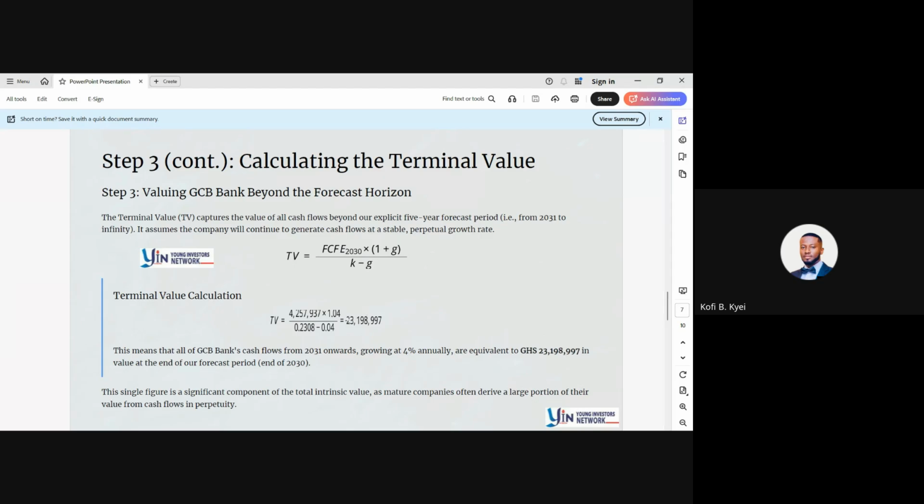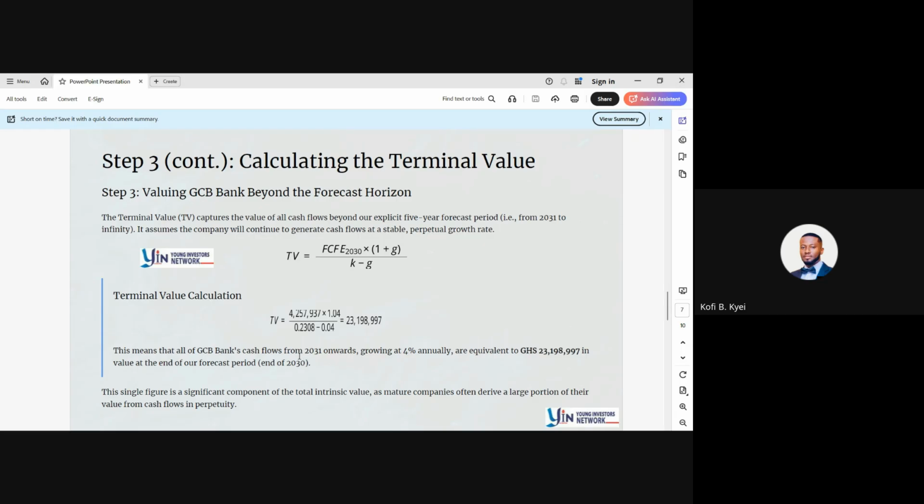Now we come back and say this is the terminal value. So that means that all GCB's cash flow from 2031 onwards, growing at 4% annually, is equivalent to 23,198,997 in value at the end of our forecast period.